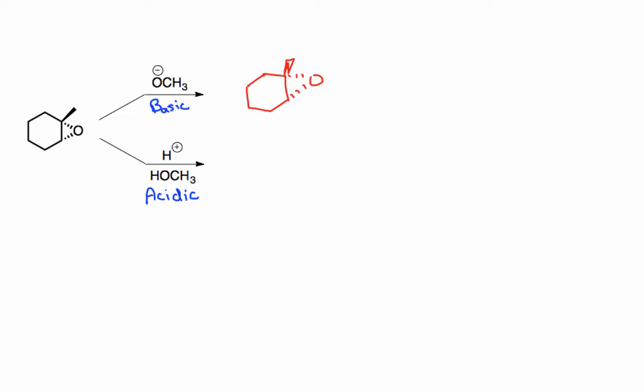So we have this electrophilic carbon and this electrophilic carbon, but this side of the epoxide is less substituted, so it's easier for the nucleophile to squeeze in there and attack to open that epoxide up.